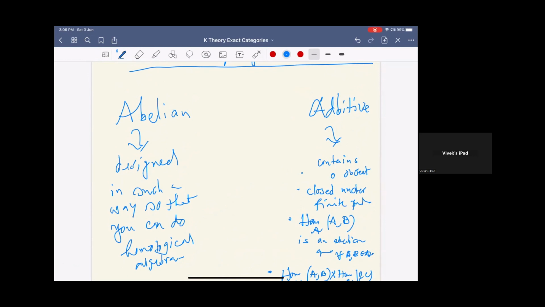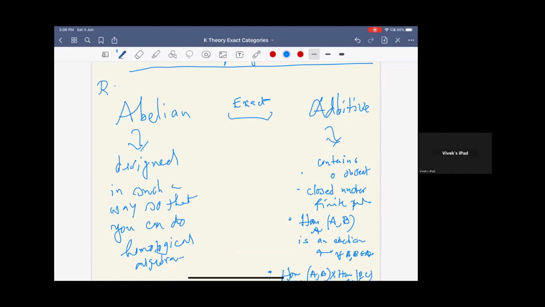Roughly, an exact category is a halfway house between abelian and additive. An additive category has very little information, but abelian has sometimes too much. So you need more flexibility in K-theory, and that's why you need an in-between category, which is exact.